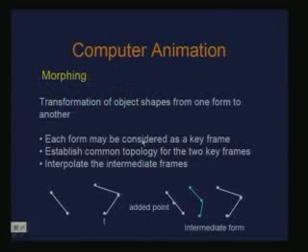This is an example where we illustrate the concept of keyframing. That's one thing. And how do we then perform the in-betweening of those keyframes? Here, morphing basically means a transformation of object shapes from one form to another.